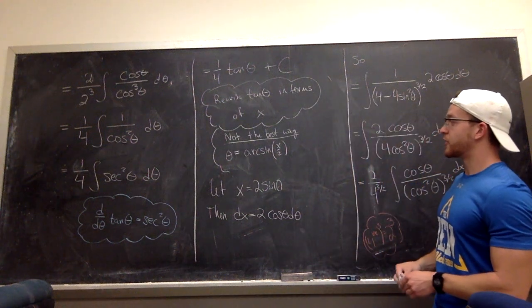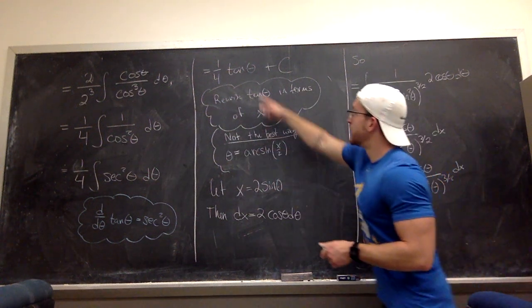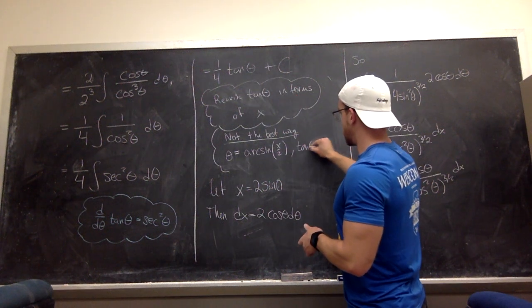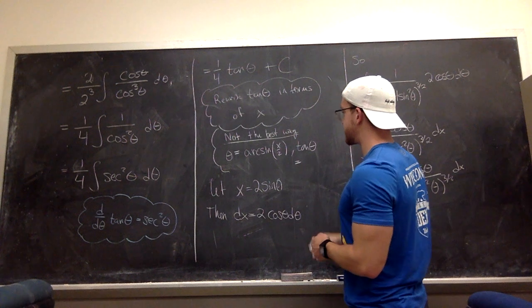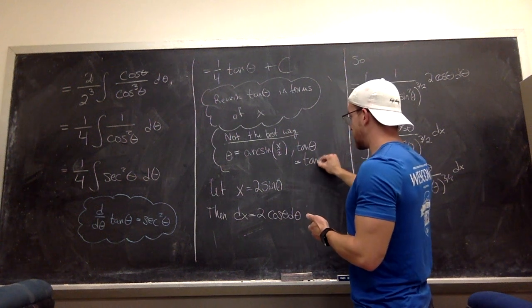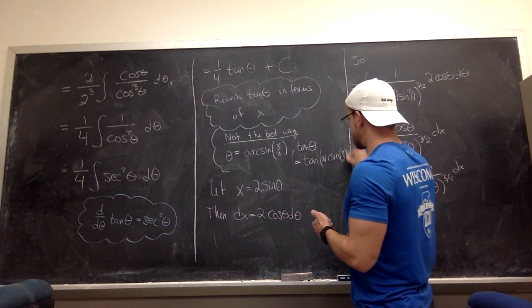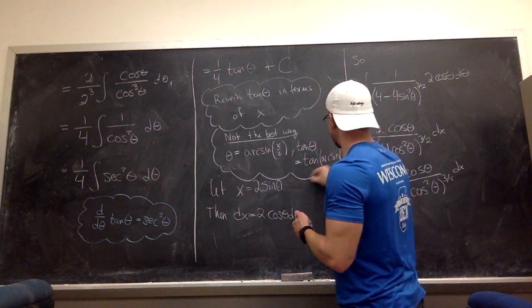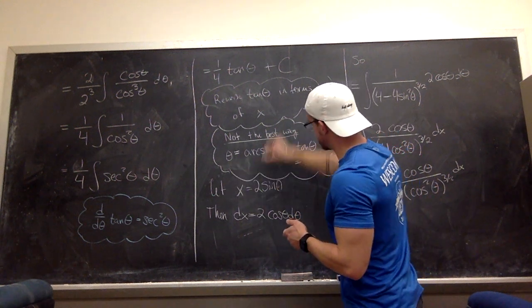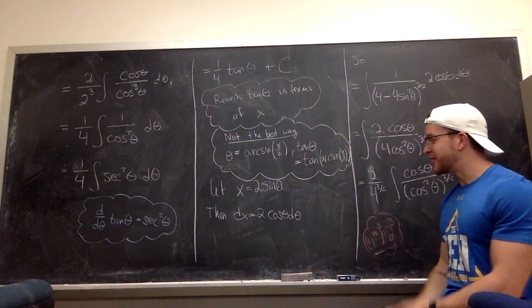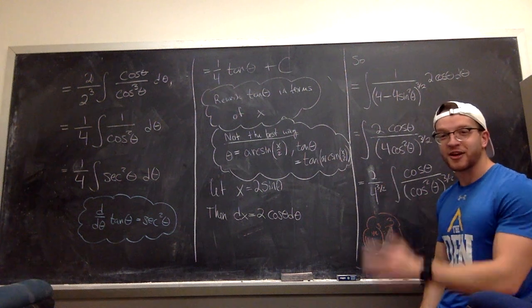So if theta is arc sine of x over 2, tangent of theta is just tangent of arc sine of x over 2. Done, right? And again, you're not incorrect.